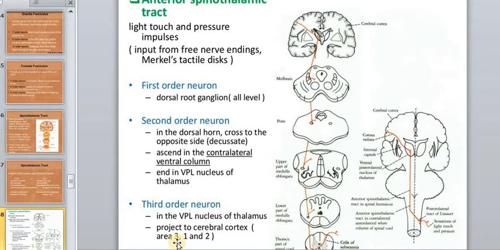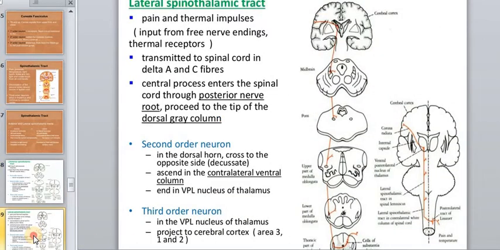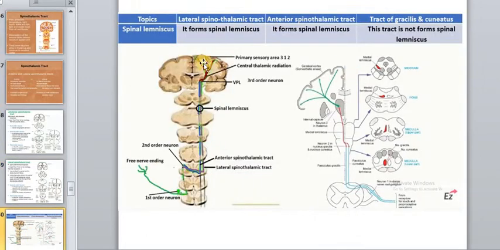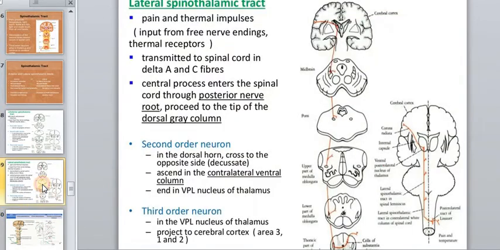And here you can see the area has the number 3, 1, 2, and I will watch the next one, this area, different parts of the cortex in the brain. So about the lateral spinothalamic tract, almost the same: pain and thermal impulses, input from the free nerve endings, thermal receptors, transmitted to the spinal cord in A delta and C fibers.